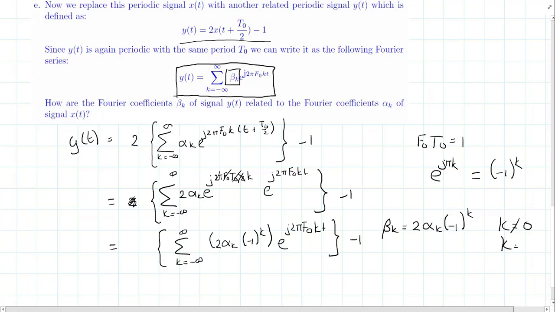For the case that k is equal to 0, we can see that in our signal, our DC is shifted 1 down and the amplitude is doubled. So in the case for beta 0, it should be equal to 2 times alpha 0 minus 1.